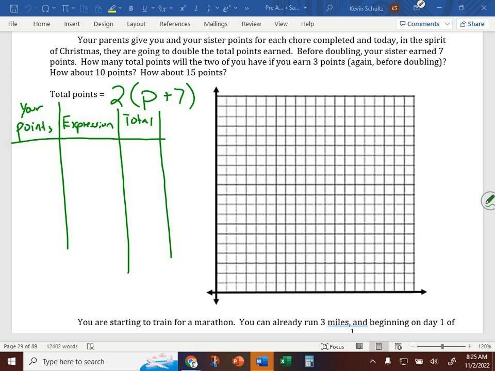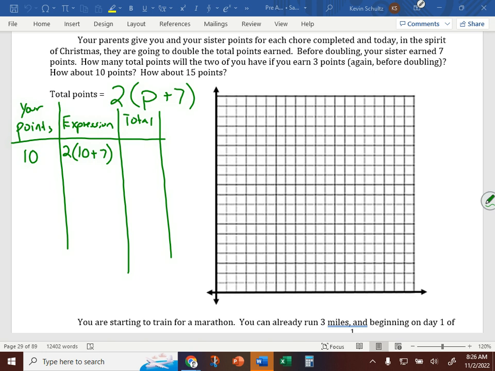So if you earn 10 points, okay, your points is 10. The expression is going to be 2 times 10 plus 7, right? I've plugged in the 10 for your points, your variable P, so that we can find the total number of points earned after you add your sister's and your parents double.